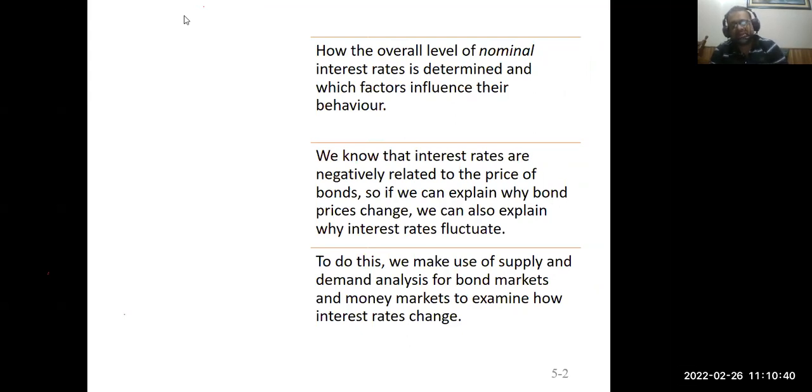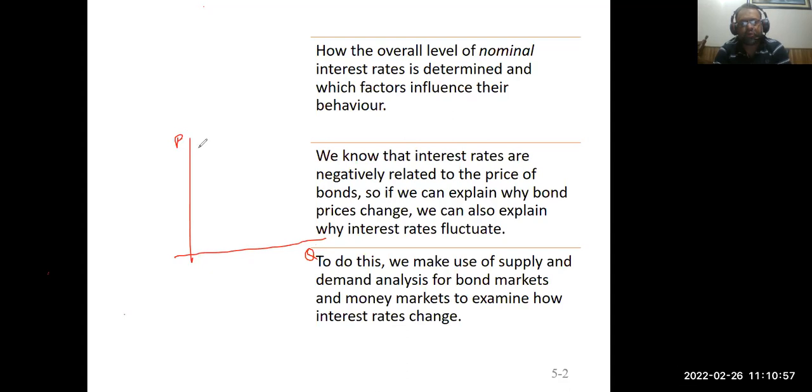And this particular supply and demand of the bond, when you draw a supply curve or a demand curve, you take price on the y-axis and quantity of that particular thing on the x-axis.